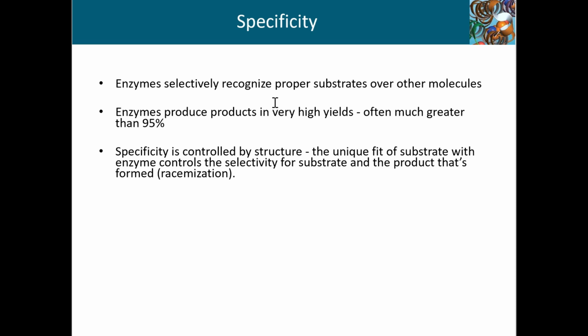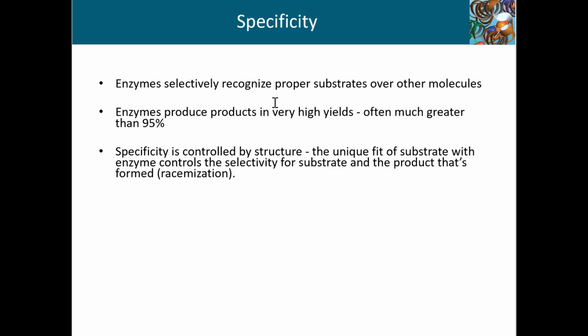So, specificity. Enzymes are remarkable in their ability to select the proper substrate over other molecules, to the point where we see selection for prochirality in enzymes all of the time.